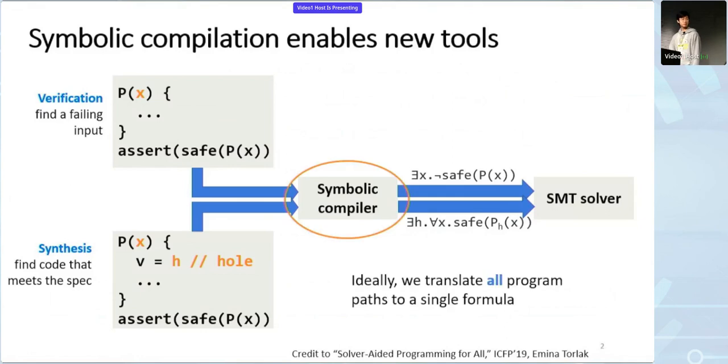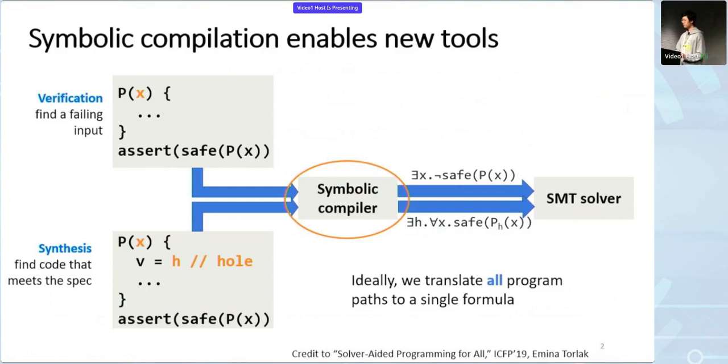In many of these tools, unlike test generation, the desired path can be very sparse. So this requires us to reason about most or all the paths to solve the problem, and requires careful tuning of the symbolic compilers to efficiently compile all program paths at the same time.